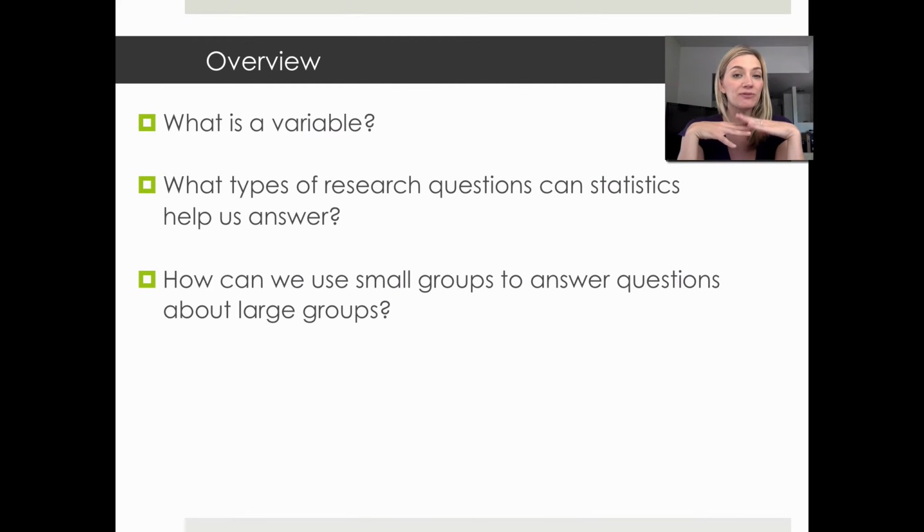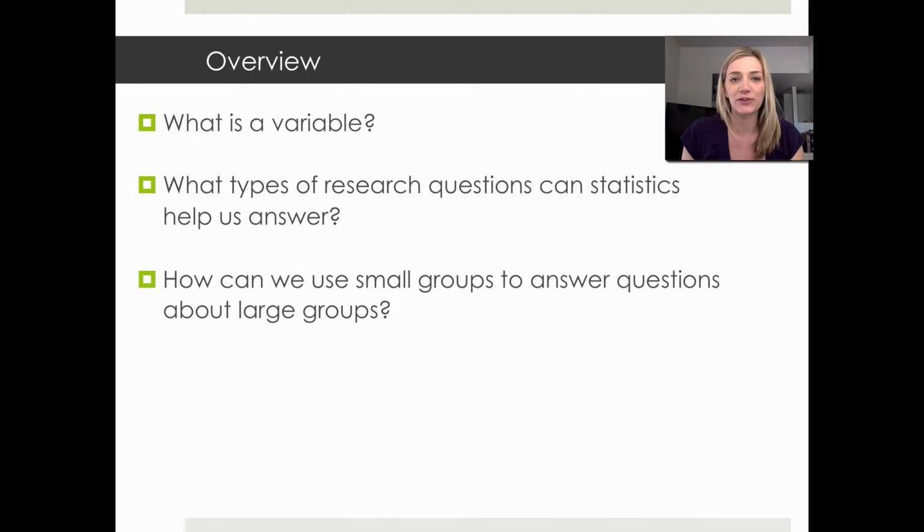Those types of research questions are going to be frequency questions, association questions, and causal questions. And then we're going to talk about how we can use small groups of people to answer questions about large groups of people. So in other words, how can we use a sample to draw conclusions about a population?